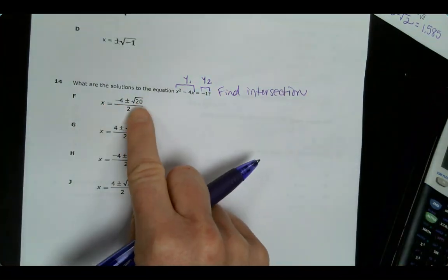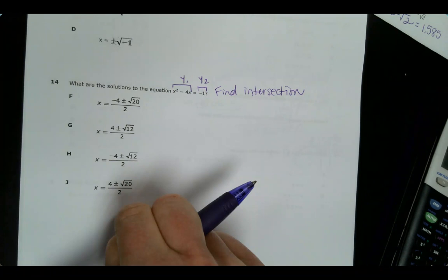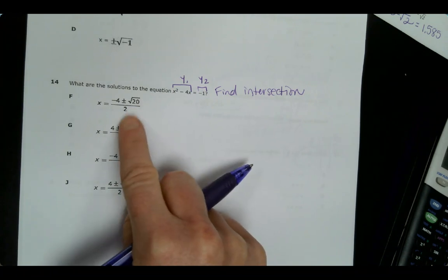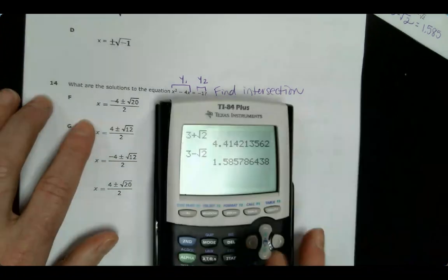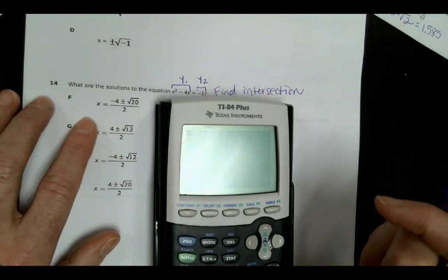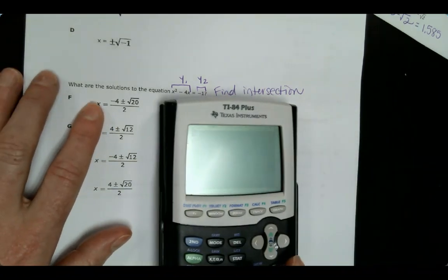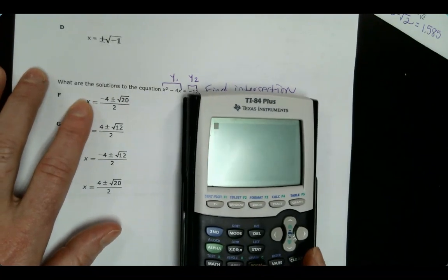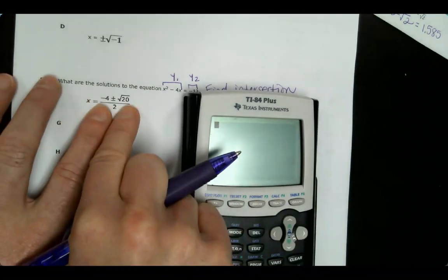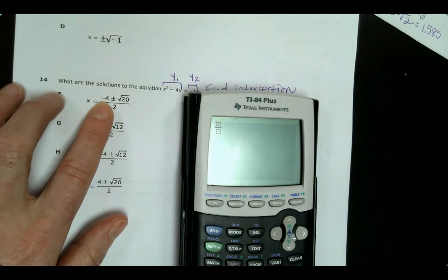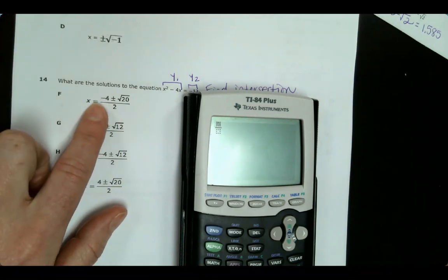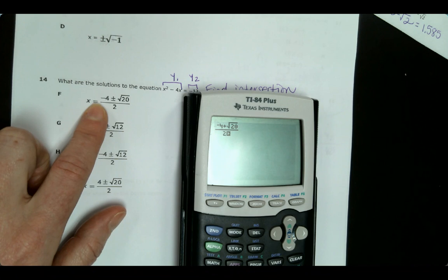But what we do need to do is convert these to decimals. So before we find the intersection, we're going to convert these. So go to your home screen, and we're going to write the answers in decimal form. So remember to get the fraction, you do alpha y equals. So we're going to do the first one, -4 plus square root of 20 over 2.